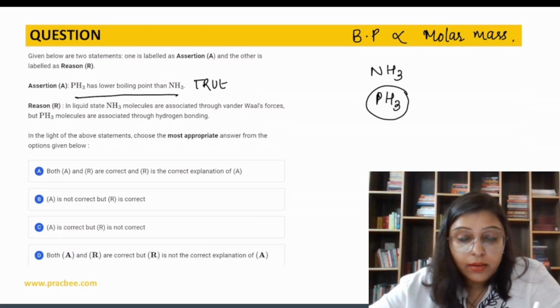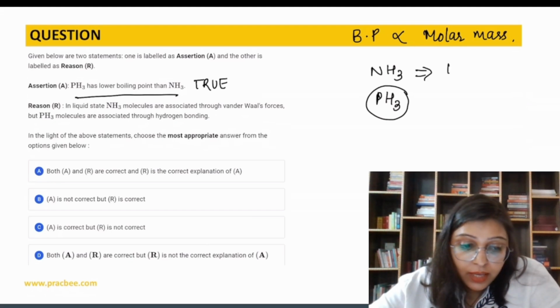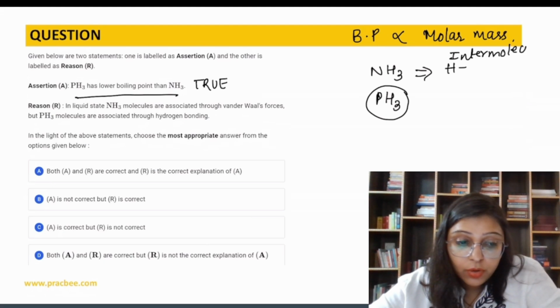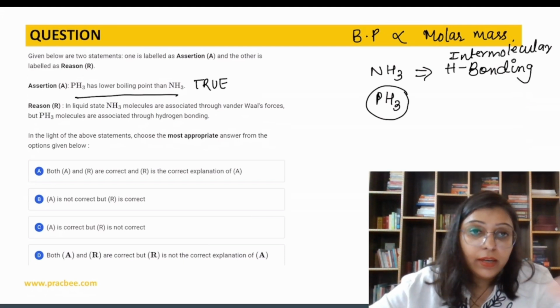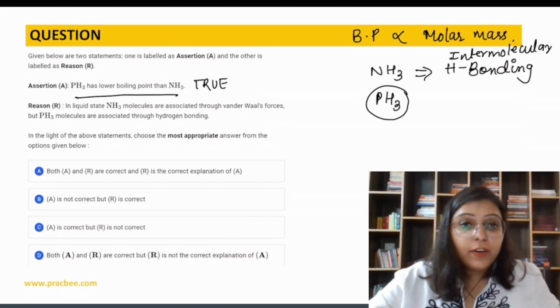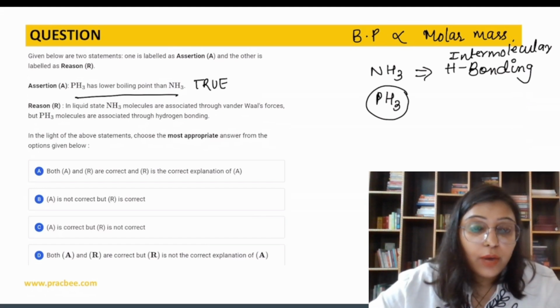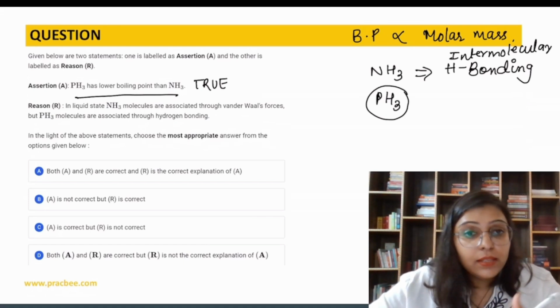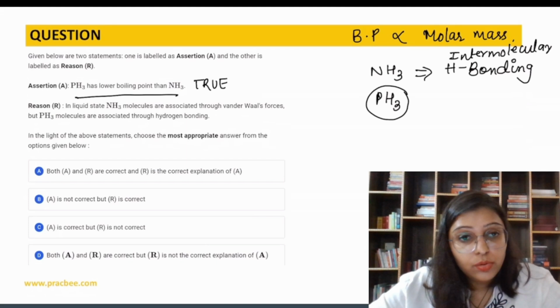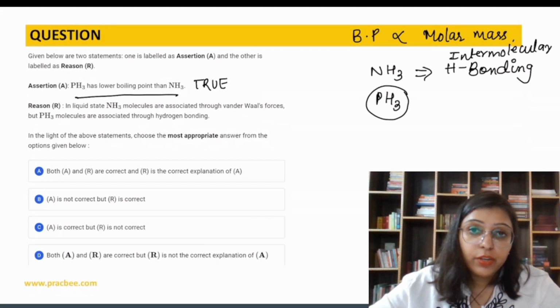But why? Because in ammonia, we have intermolecular hydrogen bonding. So due to intermolecular hydrogen bonding, we can say molar mass increases, right? First, we have only 1 mole of NH3. Now we have 2 moles of ammonia associated together. So mass is going to be more, and if mass is more, then boiling point is going to be more.